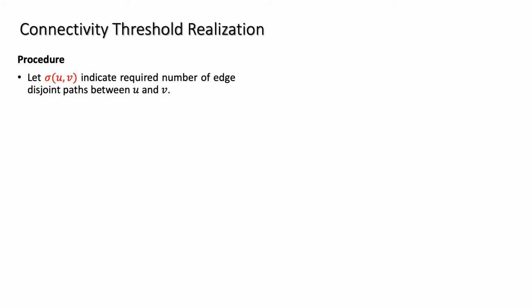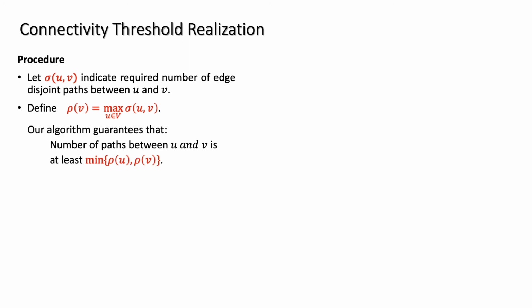So let sigma uv indicate the required number of edge disjoint paths between u and v. We define rho v as the maximum over all nodes u of sigma uv. Our algorithm guarantees that the number of paths between u and v is at least the minimum between rho u and rho v.